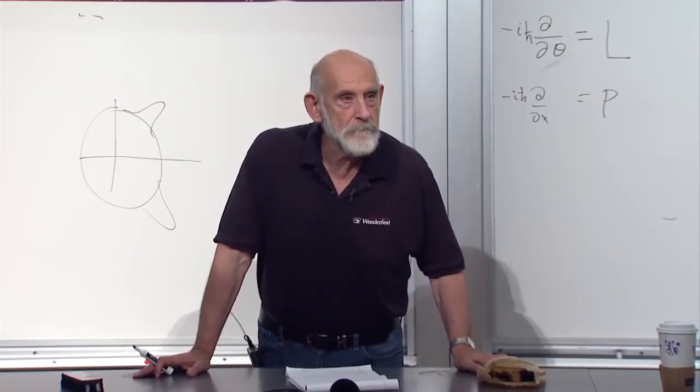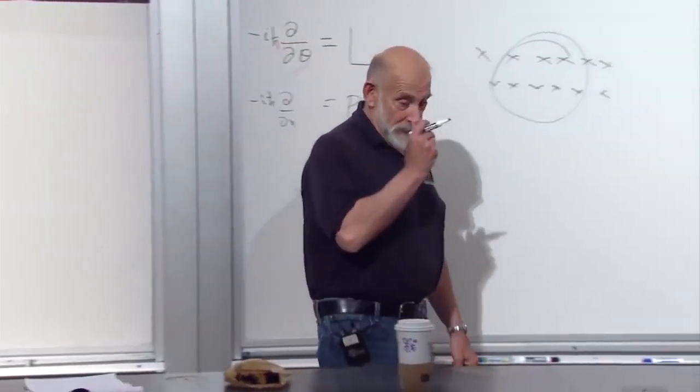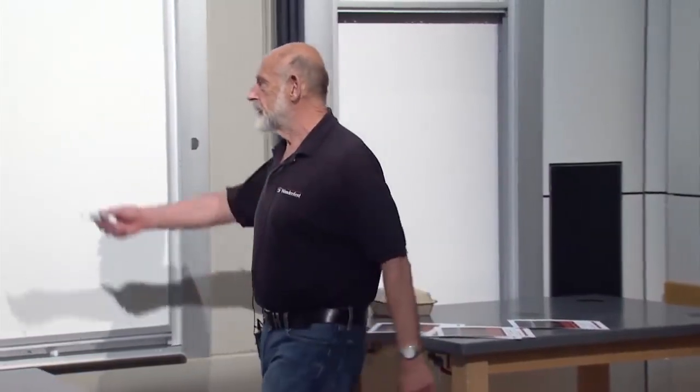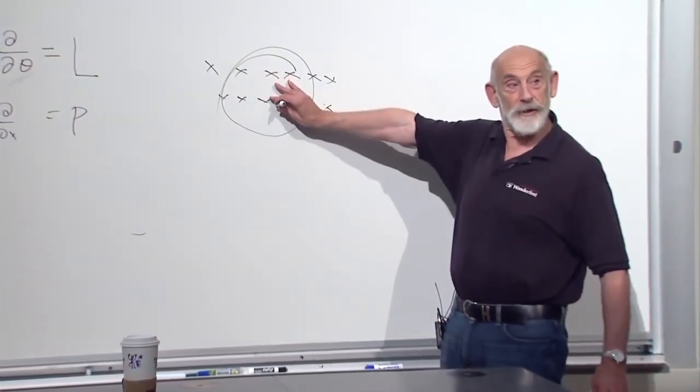Yeah. Does the mirror symmetry break the magnetic field? Yes, very interesting. Good point. The mirror inversion of a magnetic field is a magnetic field pointing in the other direction.